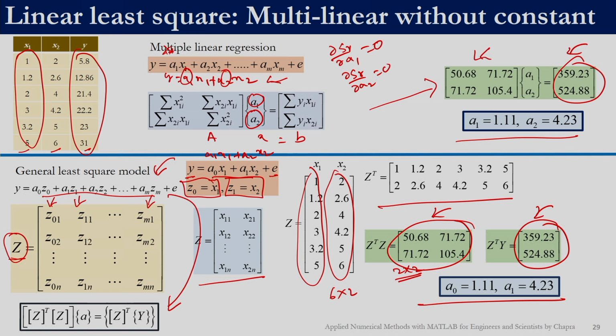So, that completes multilinear regression with constant coefficient and multilinear regression without constant coefficient, in terms of general linear least squares. Without general linear least squares also we have seen how to get that. Now, we have seen if we know the analytical solution for general linear least squares, we can directly employ that for multiple linear regression problem.